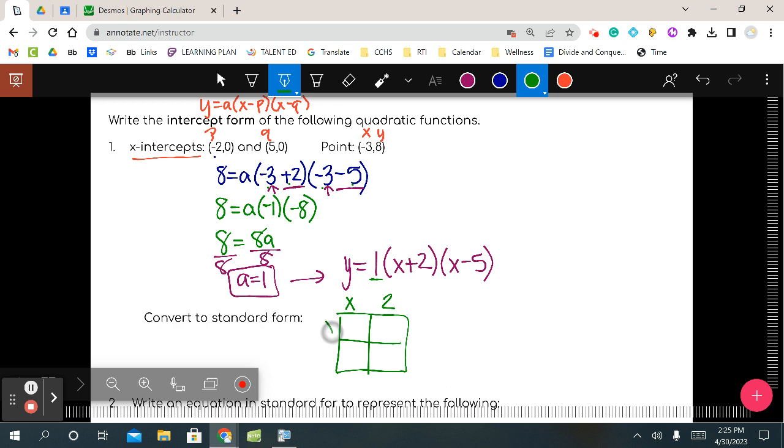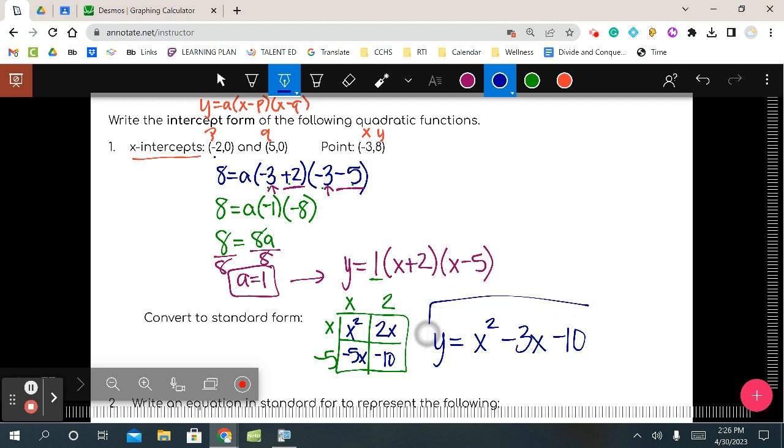So x and 2, x and negative 5. I'm going to get x squared, 2x, negative 5x, negative 10. So you're going to get y equals x squared minus 3x minus 10. And you've now written one in intercept form and converted it to standard form. Like we've been doing the past 3 sets of notes, this one is similar.